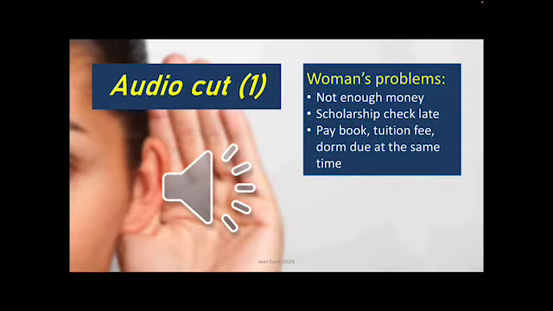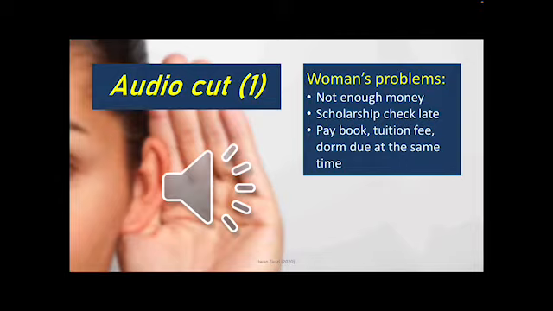And then here I give you the audio cut one here. This is about the problems that the woman has. The first thing, the woman does not have enough money, and then the woman got the scholarship check late, and also the woman has to pay for books, tuition fee, and dorm dues at the same time.